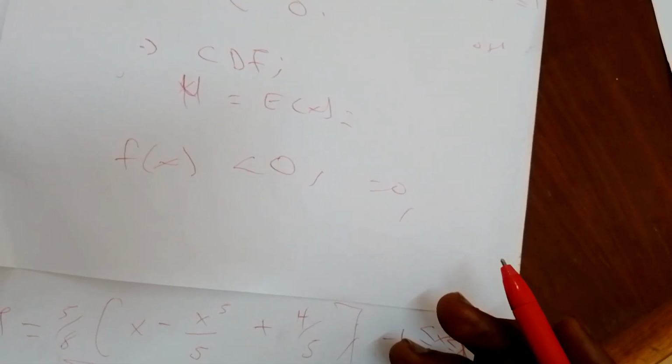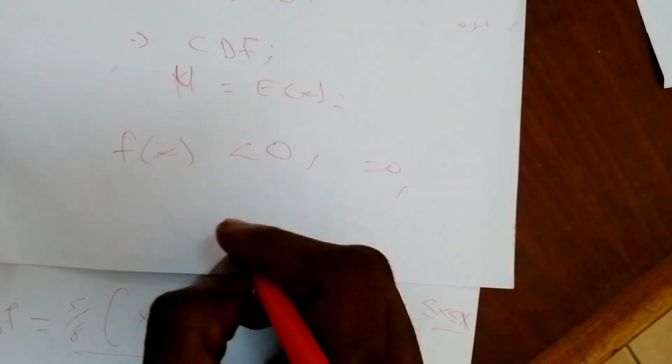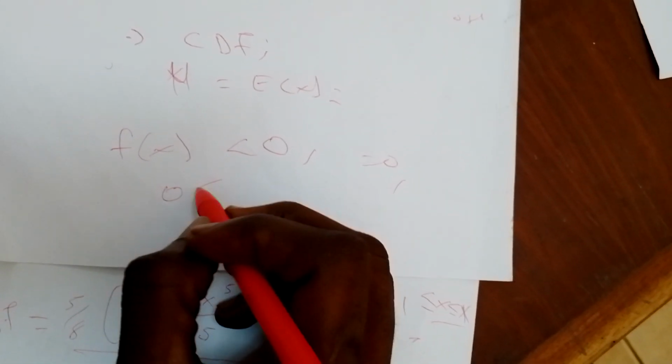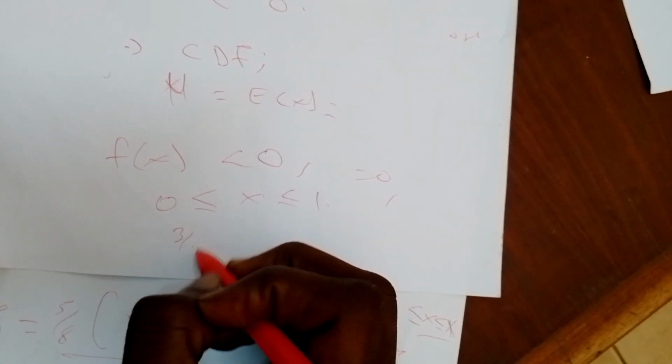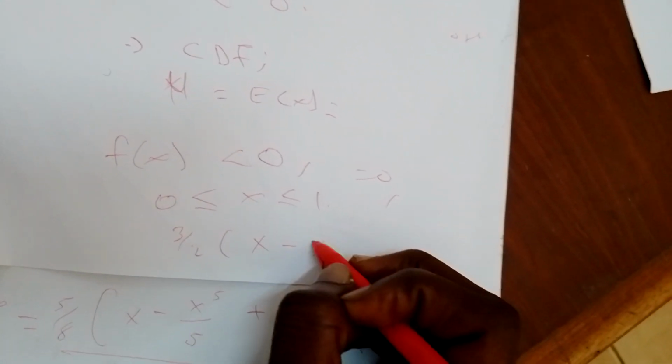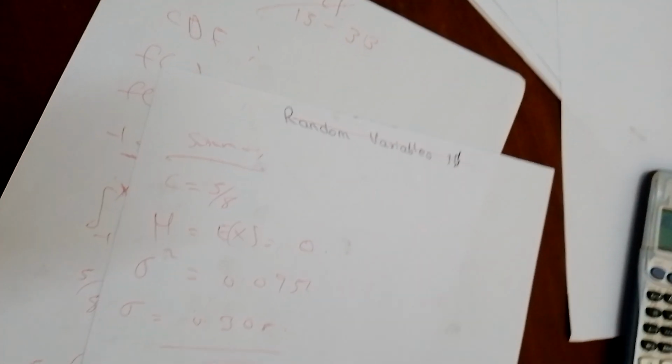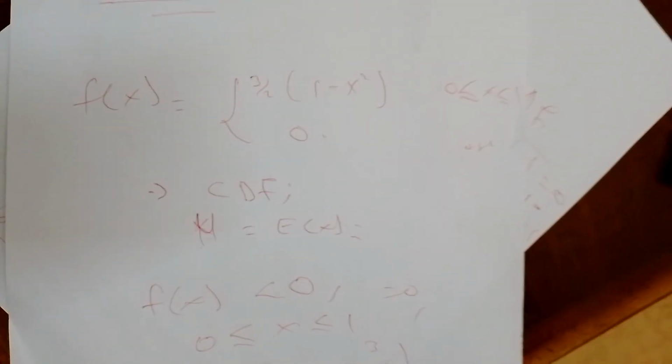If you are finding for f of x between 0 and 1, then you have 3 on 2 times x minus x cubed on 3, right? So this is what I had for that. Okay, so this will be it for the first one.